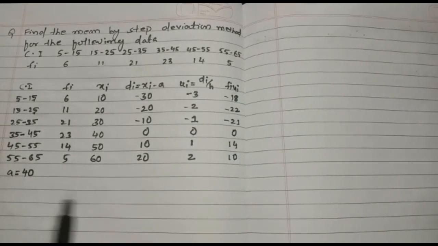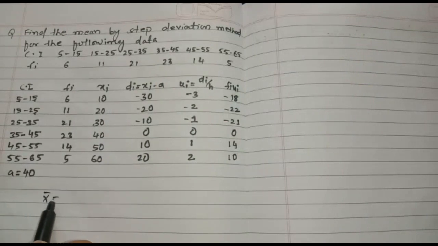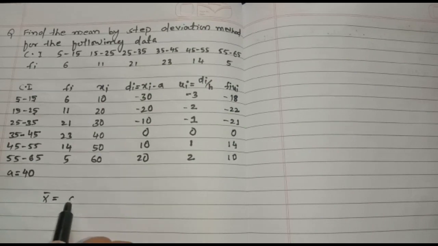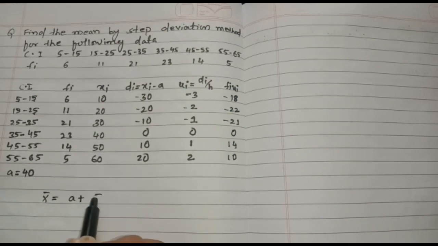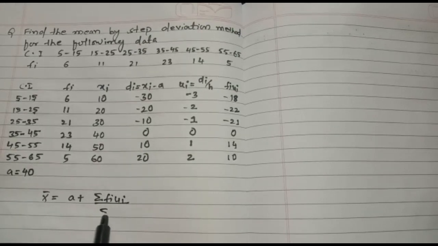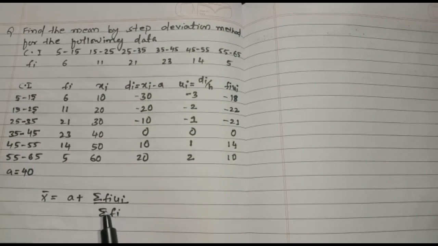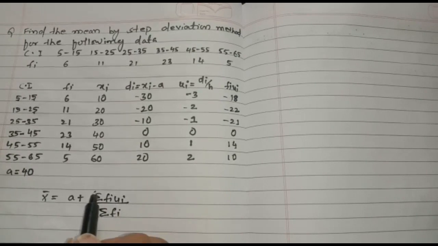Let's see what is the formula to find mean by step deviation method. The formula is x bar is equal to a plus sum of fi into ui divided by sum of fi, into h.